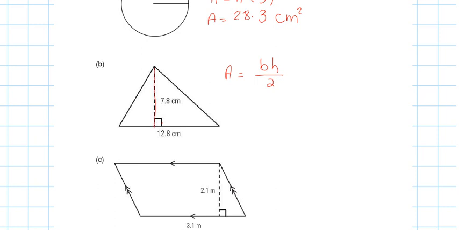So in this case, your base is 12.8 times your height, which is 7.8, divided by 2. And your answer is 49.9. And in this case, what is your unit?